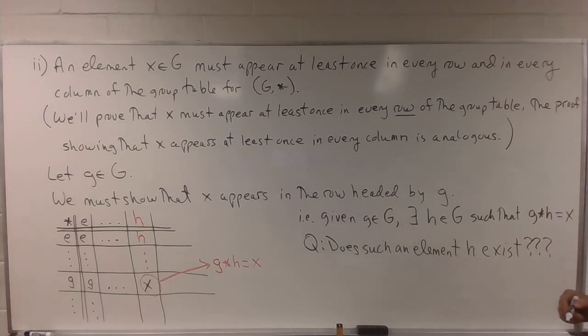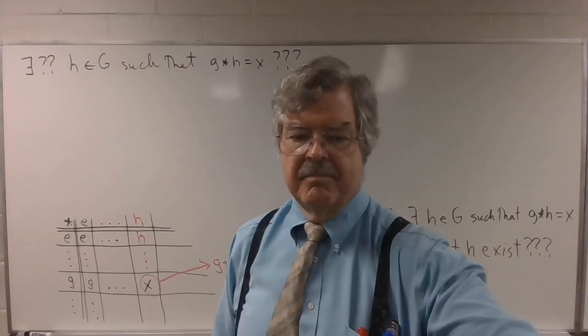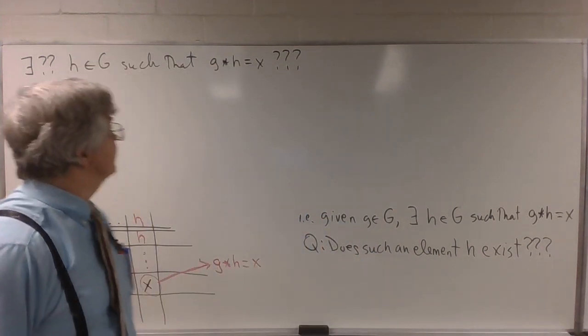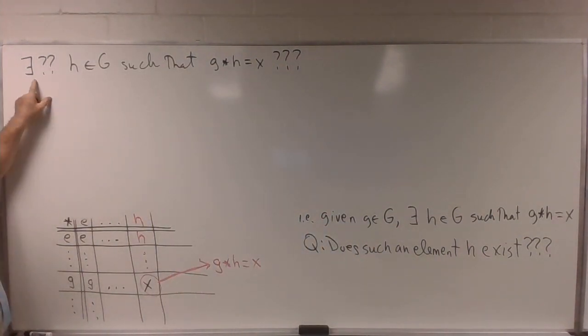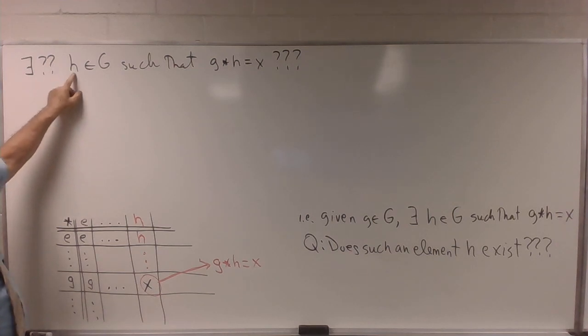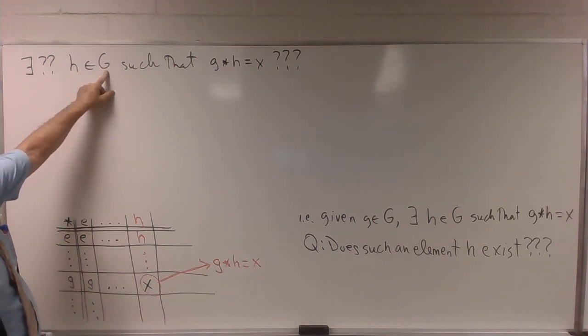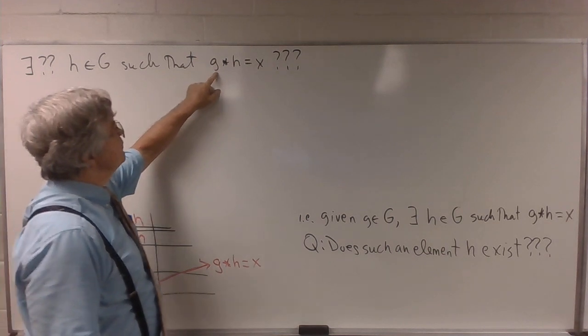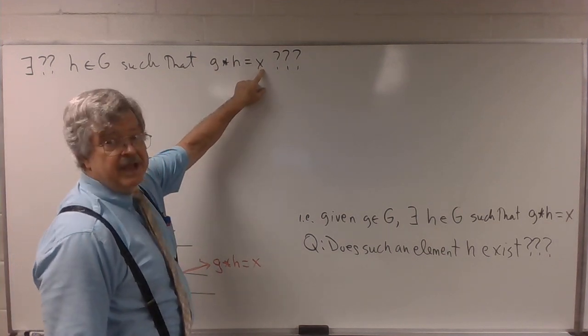If we can answer that in the affirmative, then we've completed this proof. So this is the $64 billion question. Does there exist an element h in the set G such that g star h equals X?